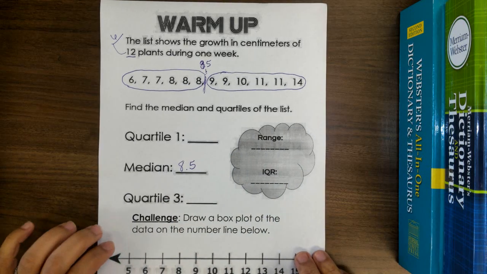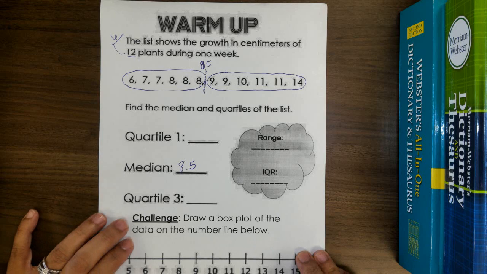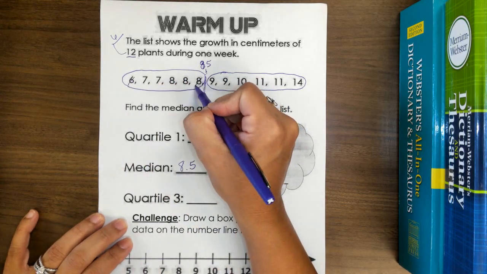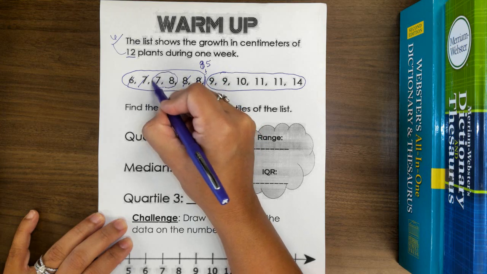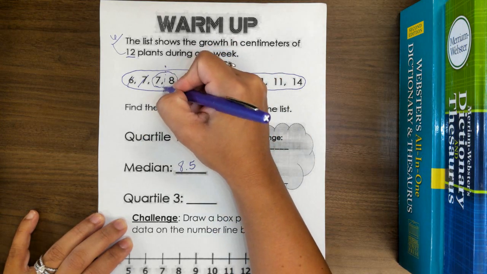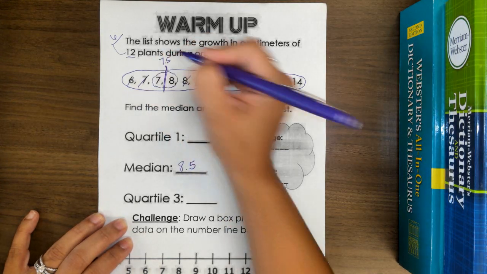Okay. And so then we're going to find our quartiles, and those are what we call the middle of the first half and the middle of the second half. So please make sure you have something to write with, because I want to make sure that we know this new vocabulary, okay? So we say least to greatest, and we end up with these two right here in the middle. So we're going to go in the middle of 7 and 8, and we know that it's 7.5.